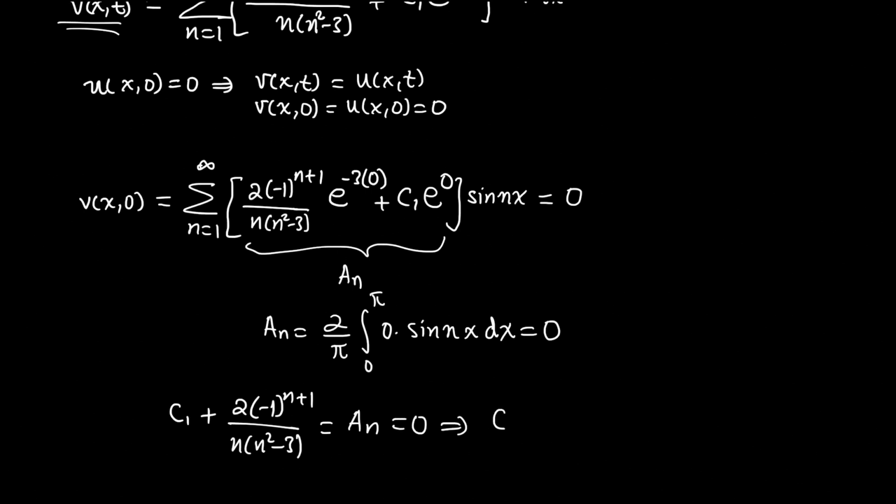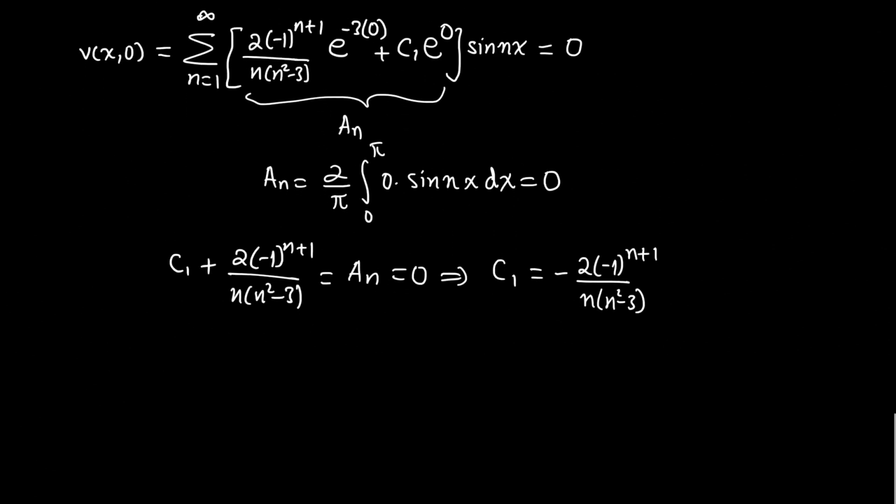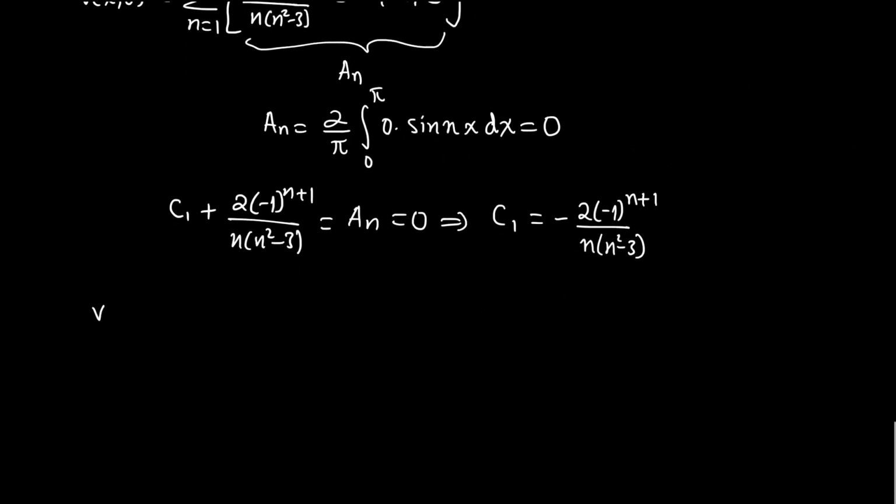So isolating from here, c1 equals minus 2 times (minus 1 to the n plus 1) over n squared minus 3. So that's your c1.